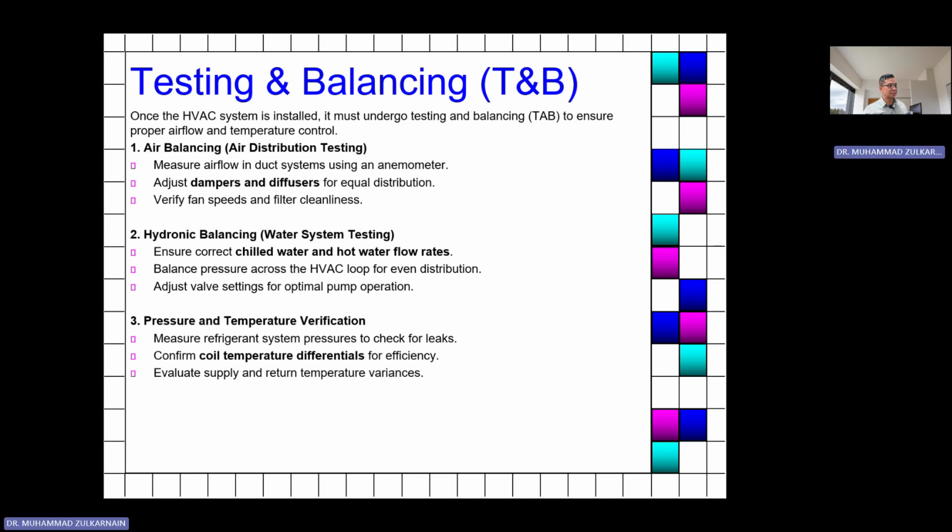And then last, we test the air balancing. The air system will be measured under the standard. Let's say 2 meters per second. We make sure the flow in the area should be 2 meters per second because this is the standard. And then hydronic balancing in the water system.